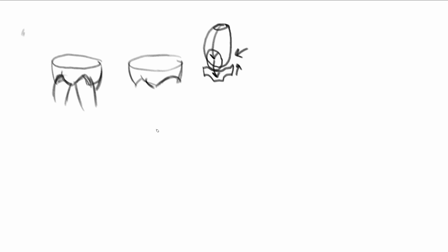So it's kind of like, how can I draw this in a way that shows clearly that the weight of the rib cage is pushing down and into the shape of the pelvic block?